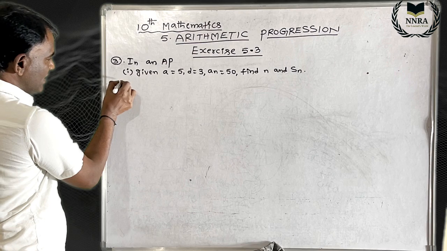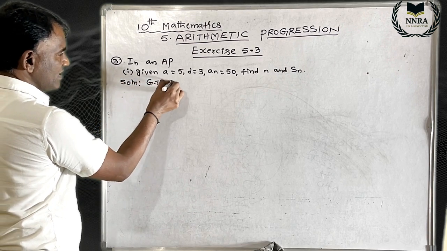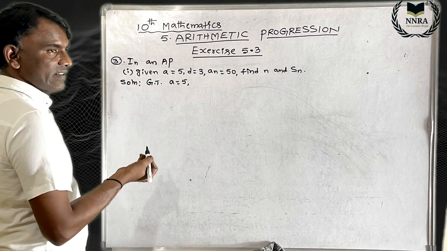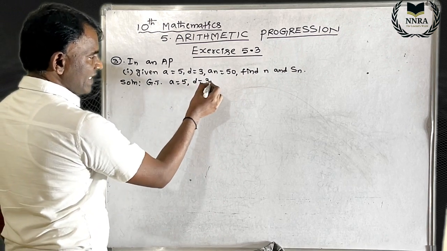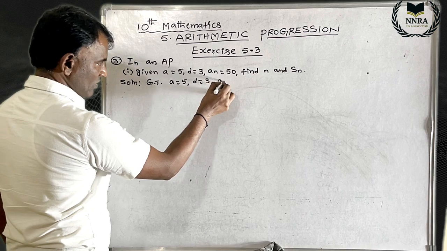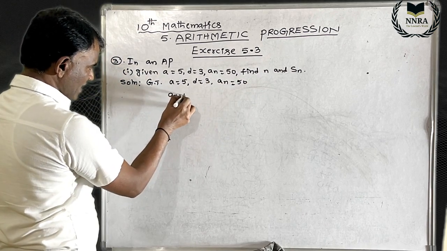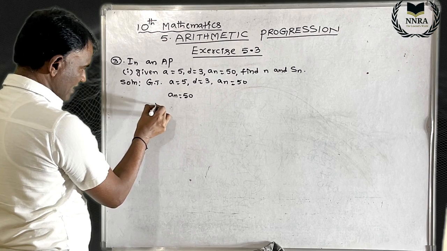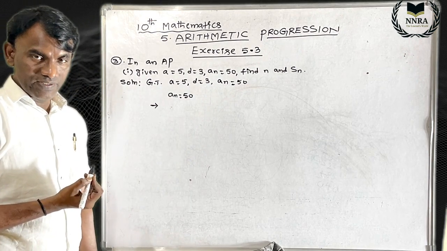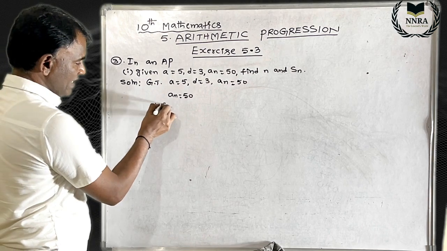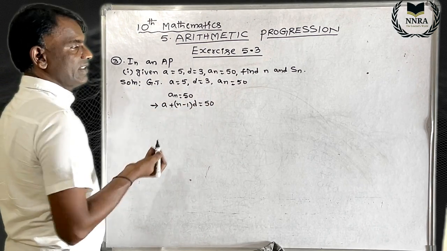So first we write the given data. Given that a equals the first term 5, d equals the common difference 3, then an equals 50. Again I am writing the an value here. an equals 50. And what is the formula of an? a plus (n minus 1) into d, the nth term. So write here a plus (n minus 1) into d equals 50.